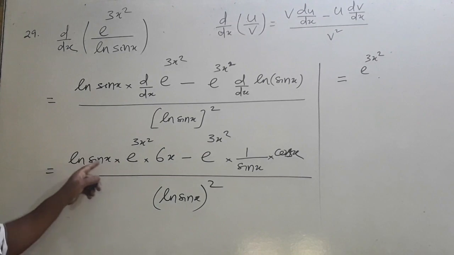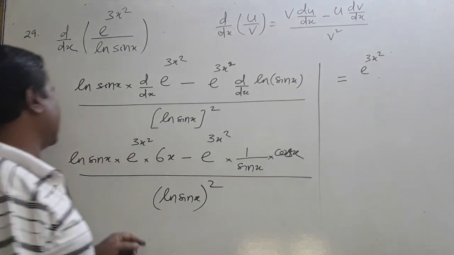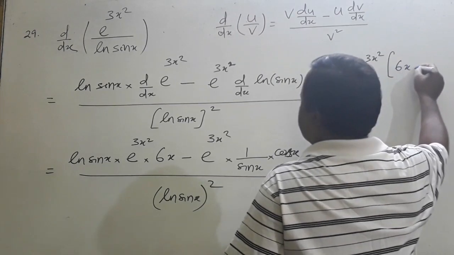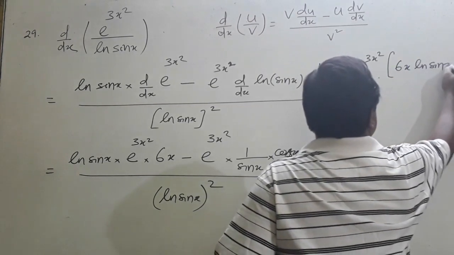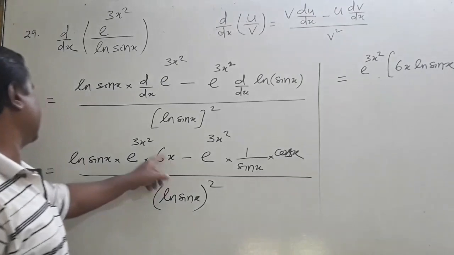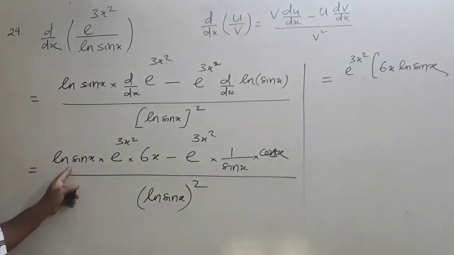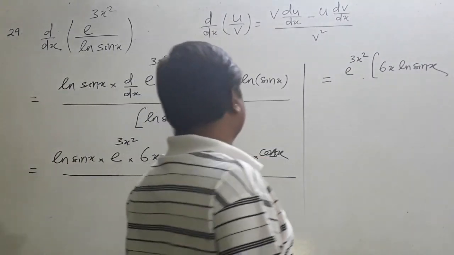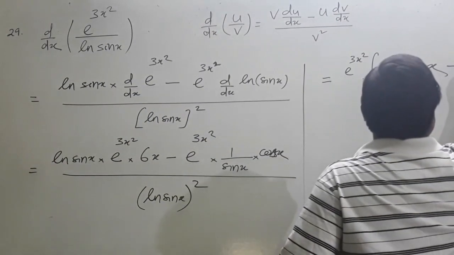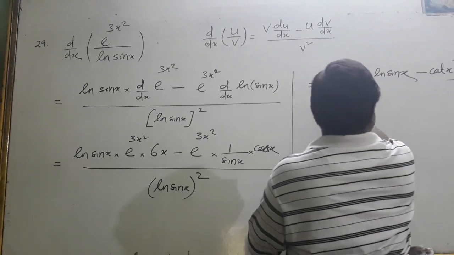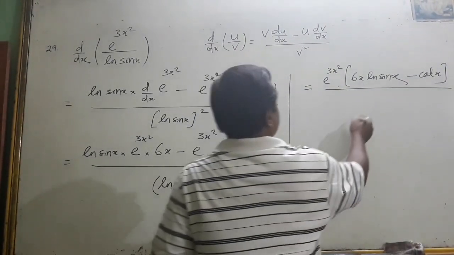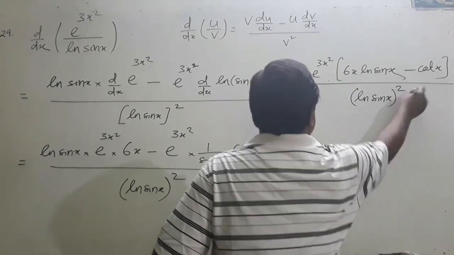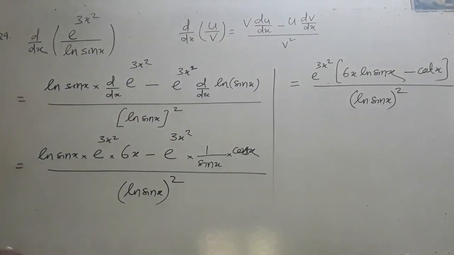Taking common e to the power 3x square, it becomes 6x ln sin x. Okay, it's correct. Now minus, this is cos by sin, cot, minus cot x by ln sin x whole square. Okay.